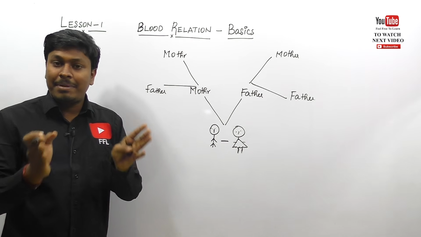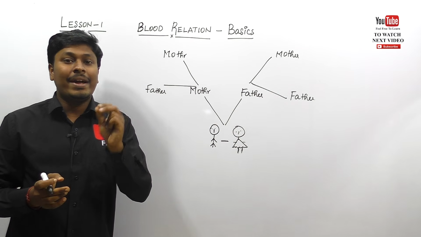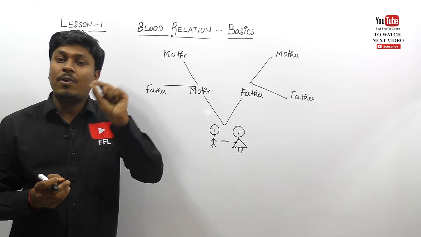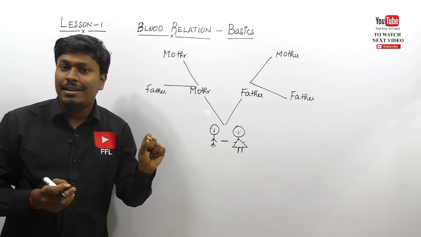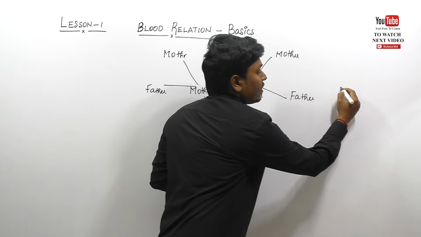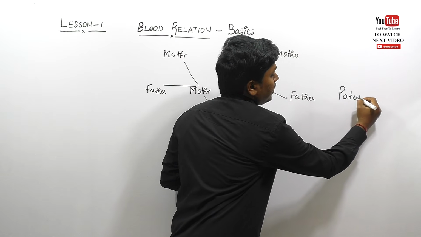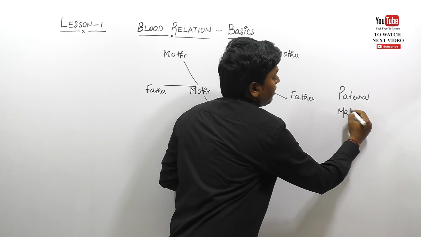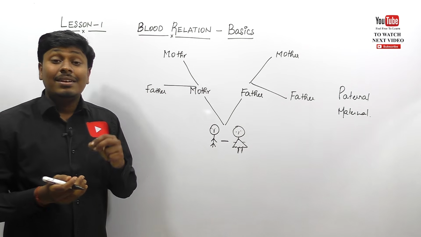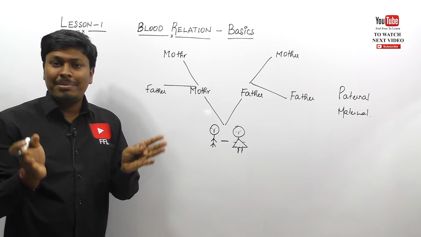In order to separate them, they will use two identifications. One is paternal, which represents a father relation. Maternal they used to call for a mother relation, right? These are the two important things that they will use in order to separate the grandfathers.